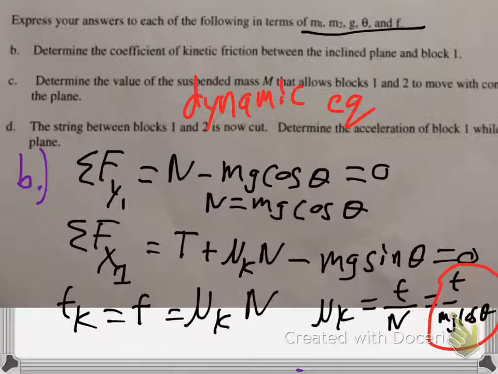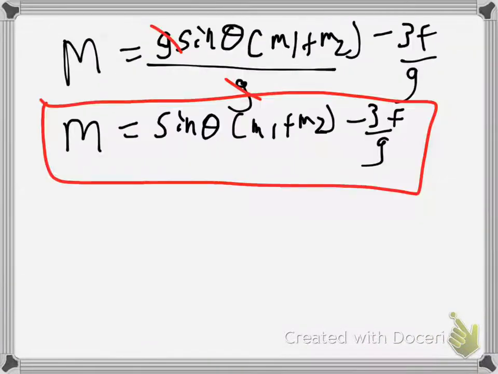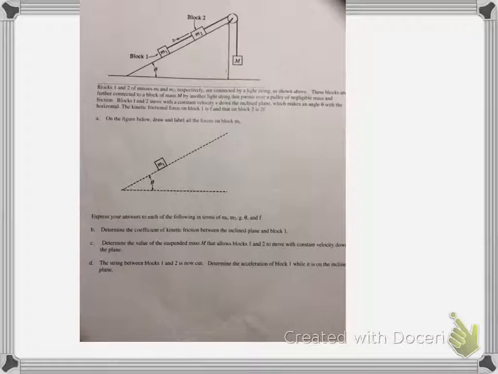Okay, so up until this point it's been constant velocity, but now if we look at part D, part D says that the string between blocks 1 and 2 is now cut. Okay, so there's no longer a string there.